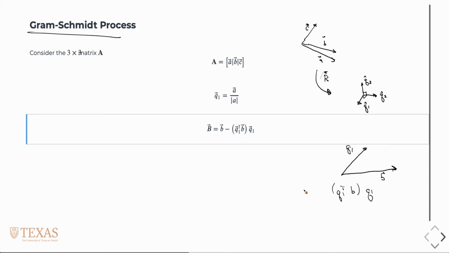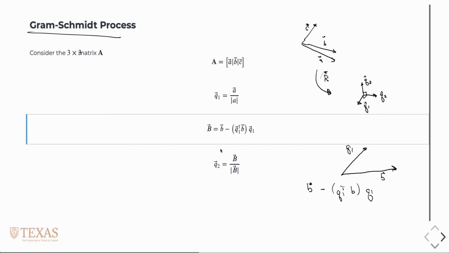And so if we want to subtract away the component, the part of B in the direction of Q1, we just do this operation here, and we'll label that uppercase B, which we can then simply turn into a unit vector, and we'll call that Q2.